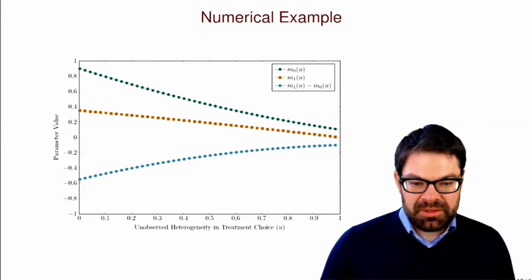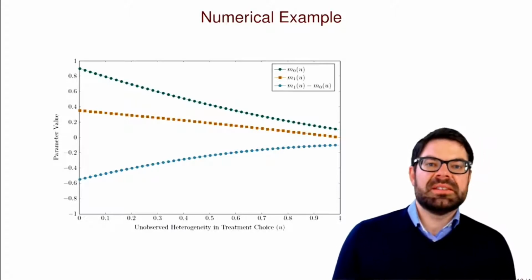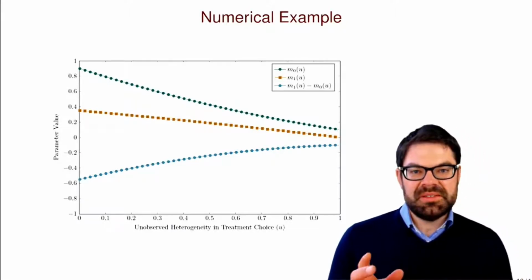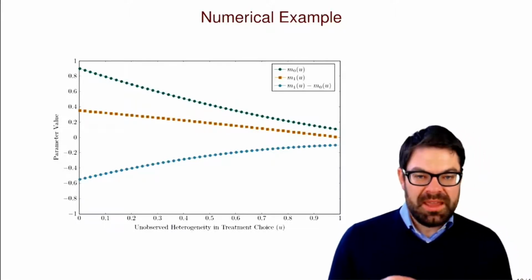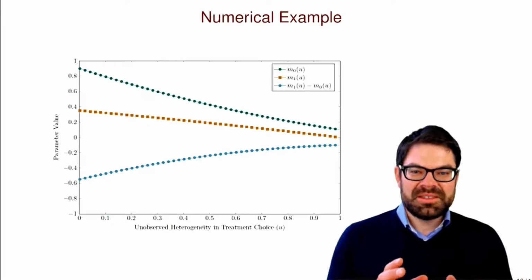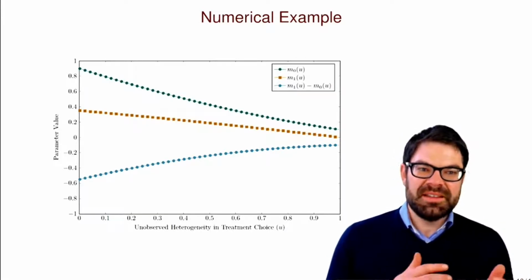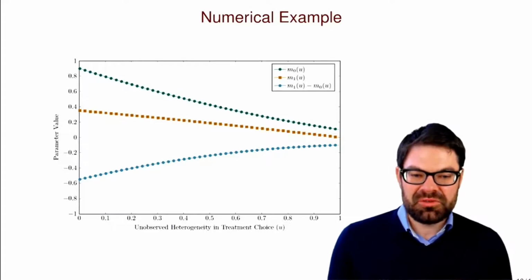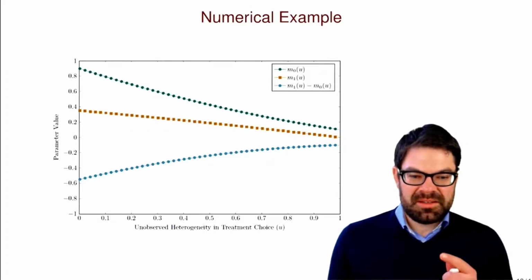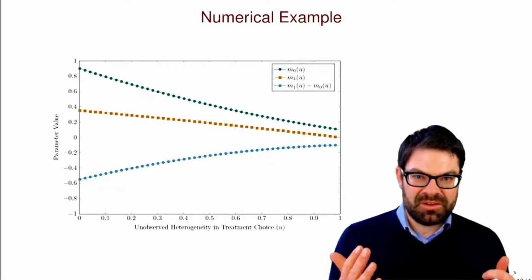So again, here on the horizontal axis is basically the likelihood of taking the treatment. Saying it like that is a little bit sloppy, because 0.1 is not exactly the likelihood of them taking the treatment, but that measure is related to the likelihood of taking the treatment.